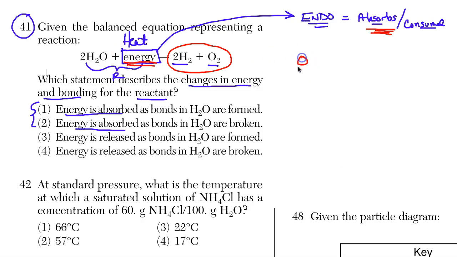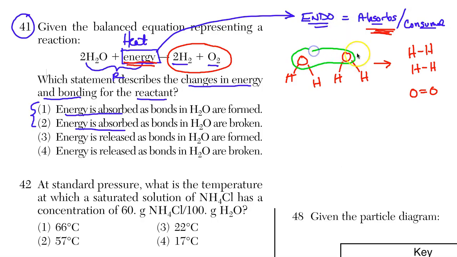In order for water, 2 of them, to become 2 H2s and 1 O2 that's double bonded, we can all see what's going on here. These 2 H's would come and form a new bond, and these 2 H's would form new bonds, and that's how we get there.